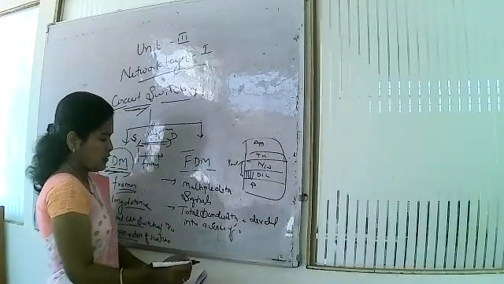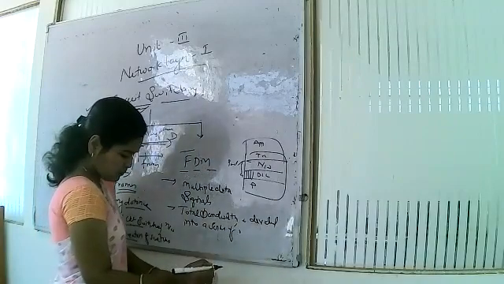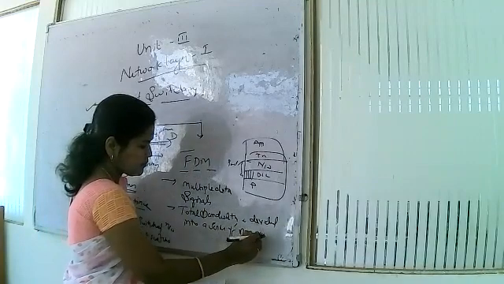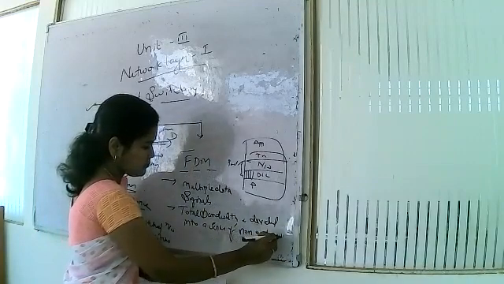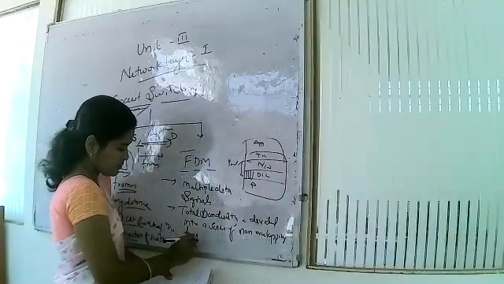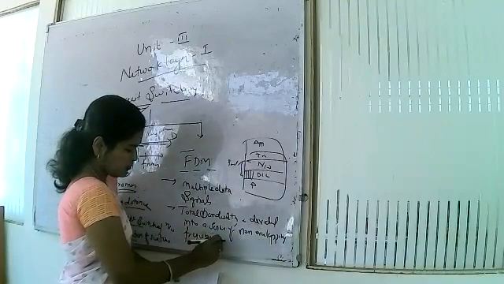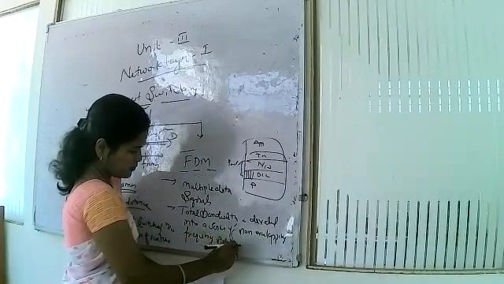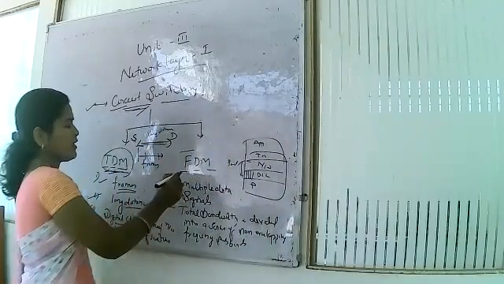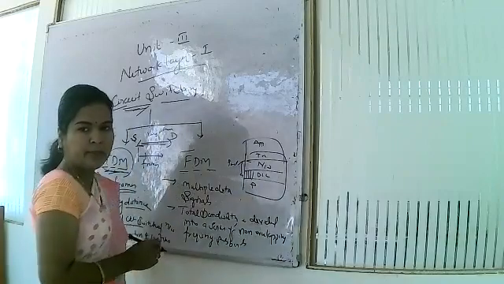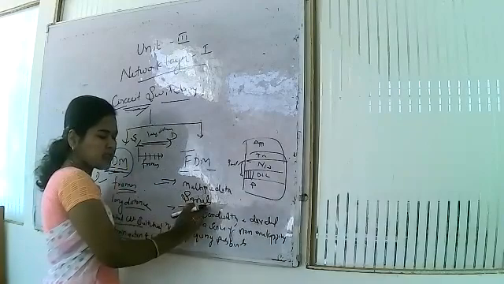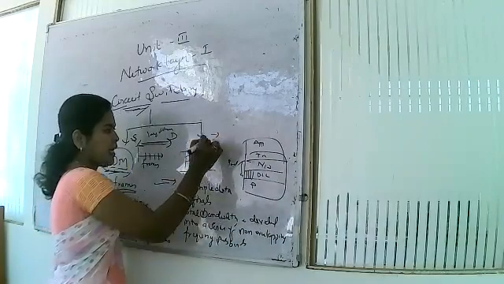Here total bandwidth is divided into a series of non-overlapping frequency subbands. See, frequency division multiplexing: here multiple data signals are transmitted at a time.